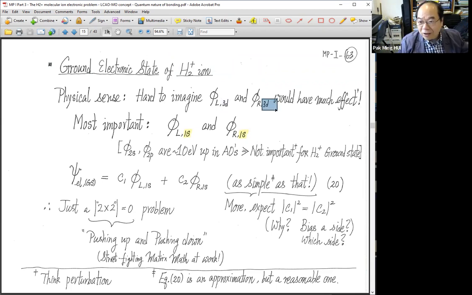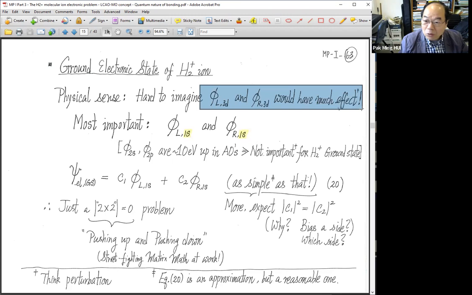For example, the left-hand side 3D orbitals and the right-hand side 3D orbitals are too high in energy, something like 11 eV or 12 eV above the atomic ground state. By the perturbation idea, they have little effect because the energy difference goes into the denominator. So practically, we could imagine that the higher atomic states would have little to do with the lower molecular state formation.